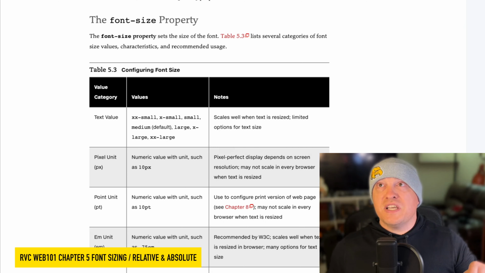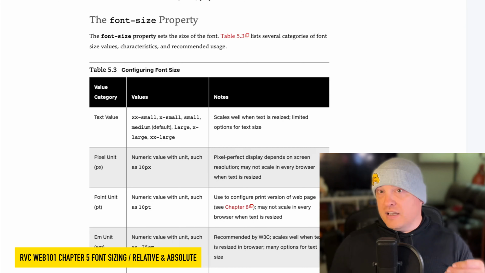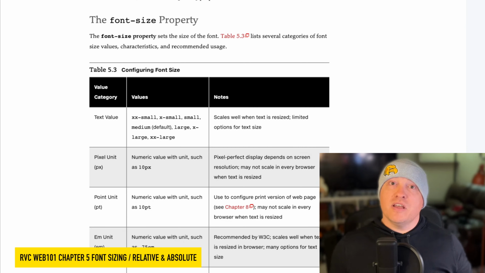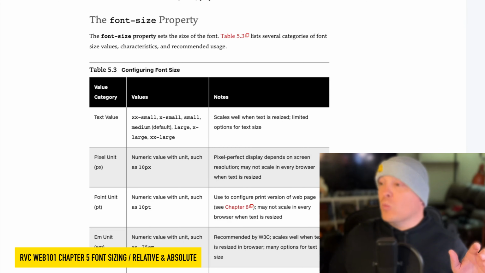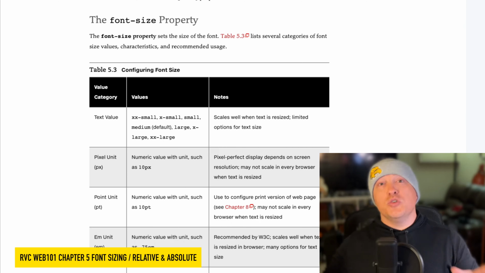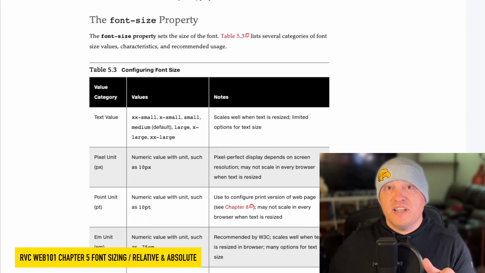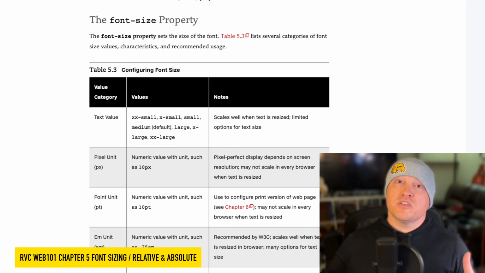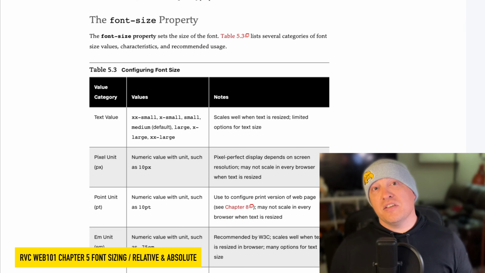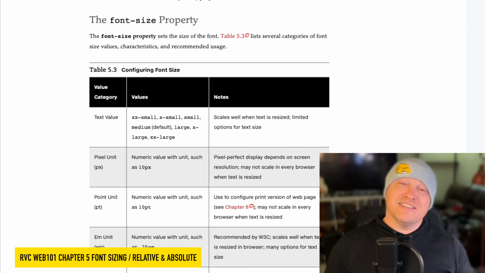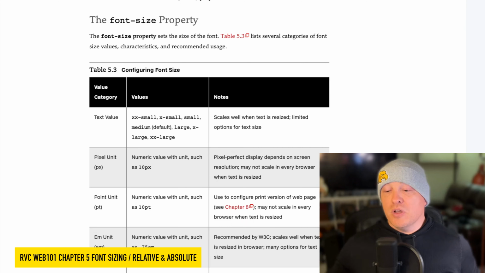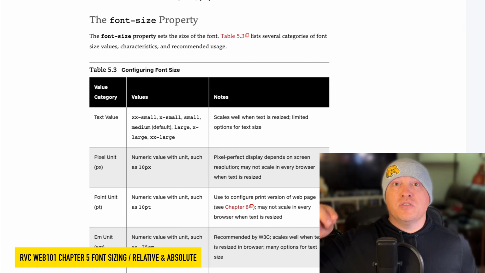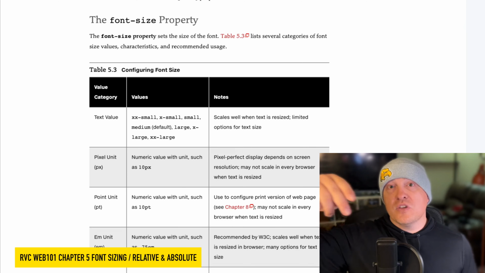When you say Times New Roman 12-point font on a Microsoft Word document, have you ever noticed how no matter what you do, you put it on a page, you print it out, it always looks the same, right? And that's because that 12-point font is an absolute value. Each inch is divided into 64 points.